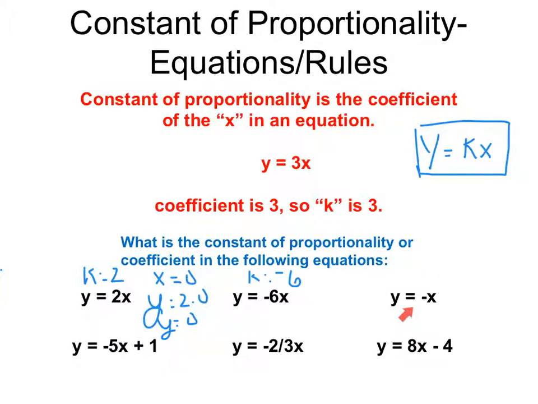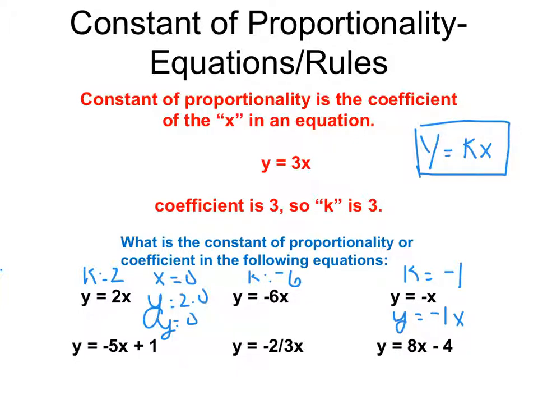It's not showing proportionality. But we know that there is a number that goes right next to that x, even though it's not shown, and that number is 1. So it really looks like this: y is equal to -1x. And when I rewrite it like that, then it's easy to see that k is equal to -1.